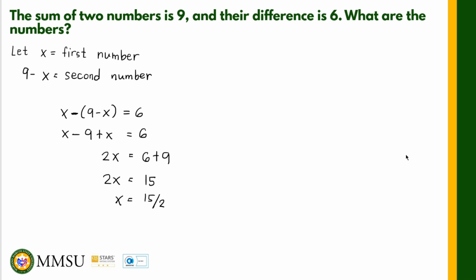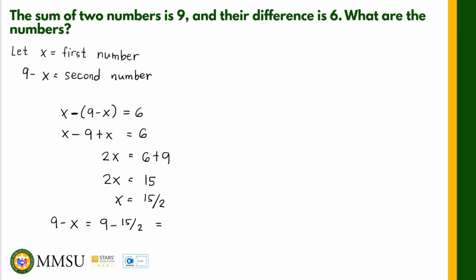Okay? To solve for the second number, we need to go back to our expression kanina dito sa taas. We have 9 minus x. So, we need to solve for the second number by substituting x doon sa expression na 9 minus x. So, that's 9 minus 15 over 2.